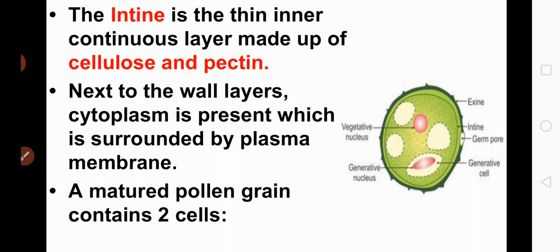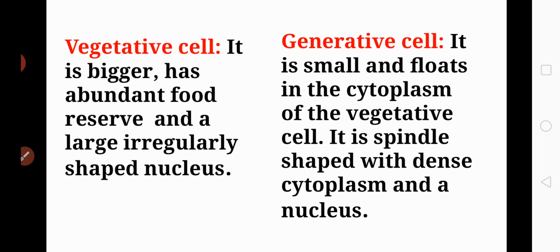Now, next to the wall layers, cytoplasm is present, which is surrounded by the plasma membrane, and a matured pollen grain contains two cells. They are the vegetative cell and the generative cell. A vegetative cell is bigger and it has abundant food reserve and a large irregularly shaped nucleus, whereas the generative cell is small and it floats in the cytoplasm of the vegetative cell.